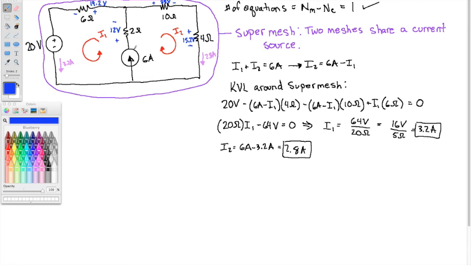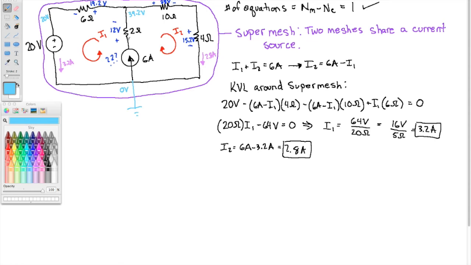Okay, and now the drop across this thing, right? How do we get that? There's no formula to get the voltage across a current source. So let's call this guy ground for our reference. Call it 0 volts down here. Notice if I call that 0, then up here is 20. This node is 20 volts. Then I increase by 19.2 volts. So up here is 39.2 volts in this T-shaped node.